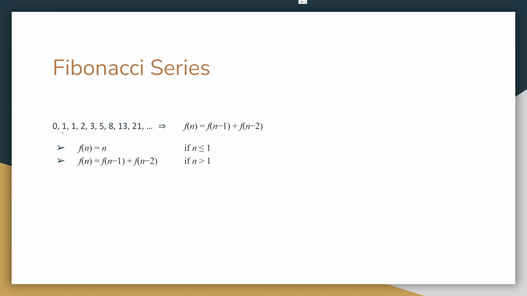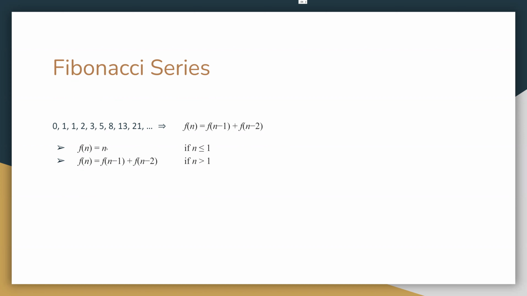So the third number is 1, 0 plus 1 is 1. The fourth number is 1 plus 1 equals 2. The next number is 1 plus 2 is 3. This makes up a whole series that goes to infinity.